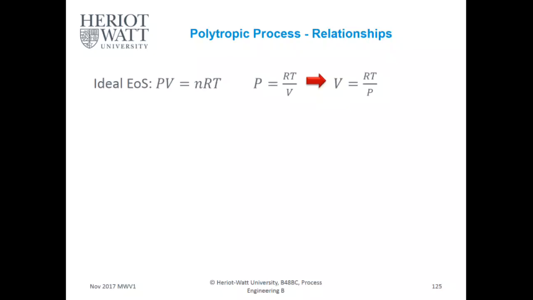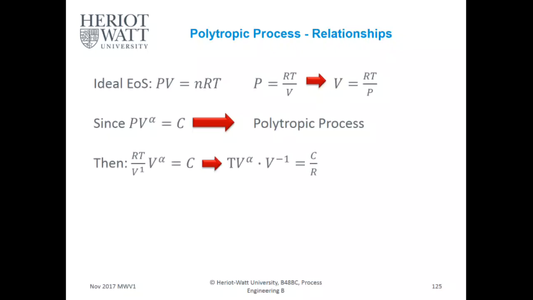relationships, rather? In an ideal gas equation of state, PV equals nRT, and we know P equals RT over V, and V equals RT over P. Since PV to the alpha equals a constant for a polytropic process, then if you plug in for P, RT over V times V to the alpha equals a constant.